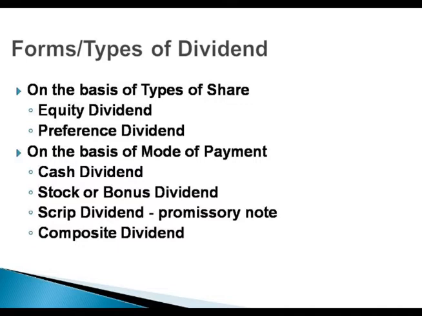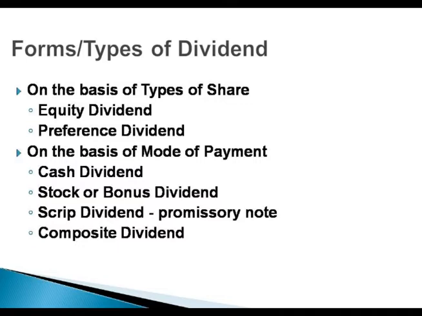But there are other modes also, like stock or bonus dividend. When a company issues additional shares or extra shares to its existing shareholders, it is known as bonus or stock dividend. Next is scrip dividend.